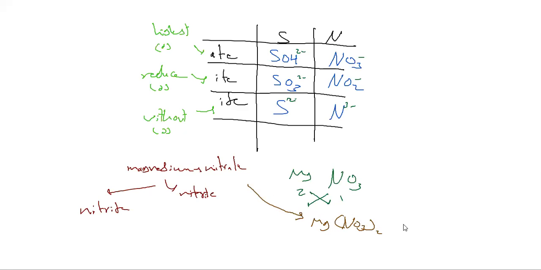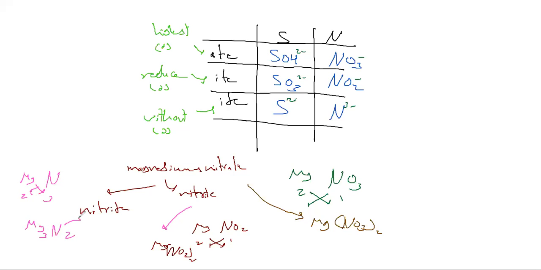For magnesium nitrite, Mg is valence 2, NO2 is valence 1, so it becomes Mg(NO2)2. This is magnesium nitrite. For magnesium nitride, Mg is valence 2, N is valence 3, so it becomes Mg3N2.